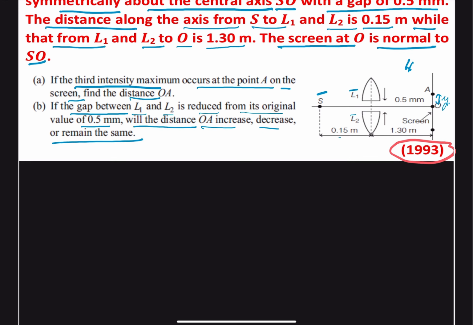Initially, this coherent source will be acting as an object.